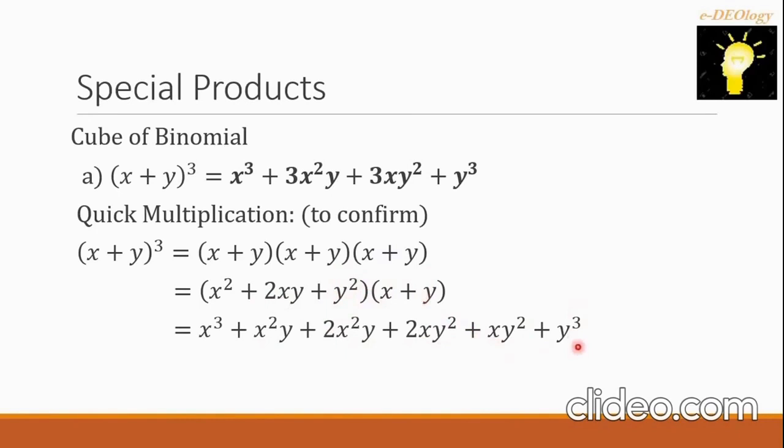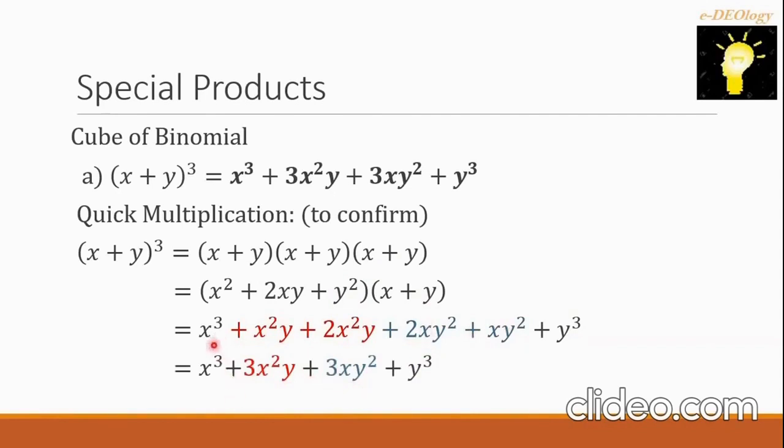Next, we will collect like terms and combine them. You see here, the x squared y and the 2x squared y, they are like terms. Also, the 2xy squared and the xy squared are like terms. So we can combine them: 3x squared y, also these two like terms can be written as 3xy squared.